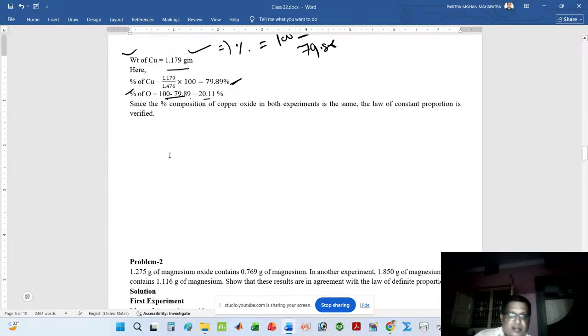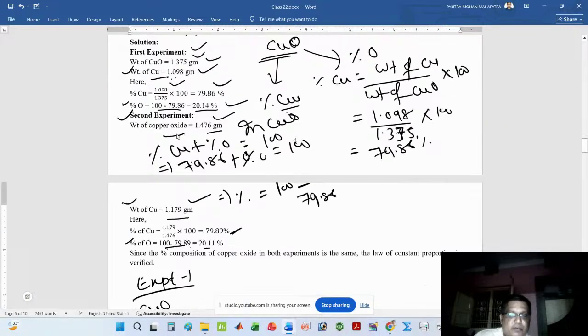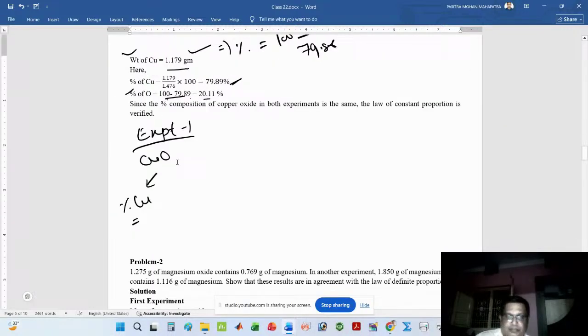Look at that. If you think about experiment 1, in this case, copper oxide, if I think about the composition of copper oxide, percentage of copper in the first experiment is 79.86. Percentage of oxygen is how much?